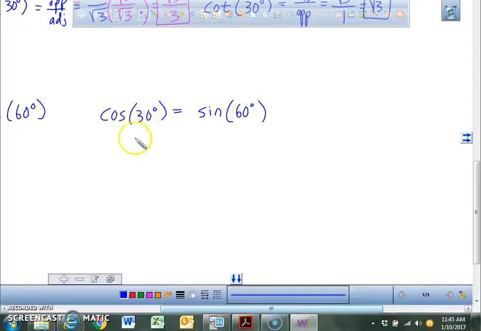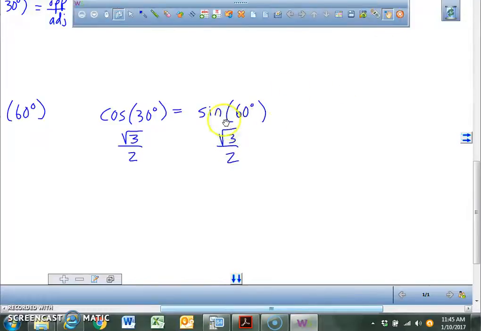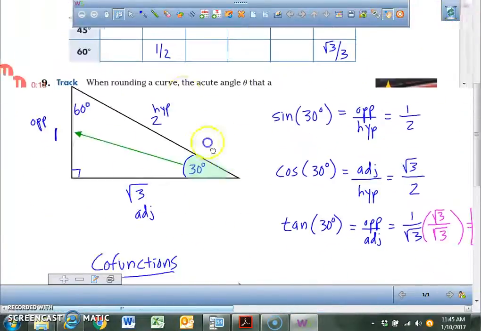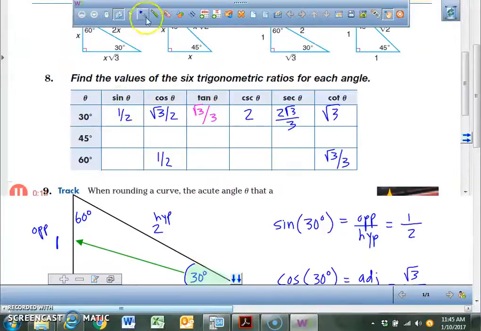What is the cosine of 30? Radical 3 over 2. So the sine of 60 should also be radical 3 over 2. So we can take this right here. The sine of 60 should end up being radical 3 over 2.